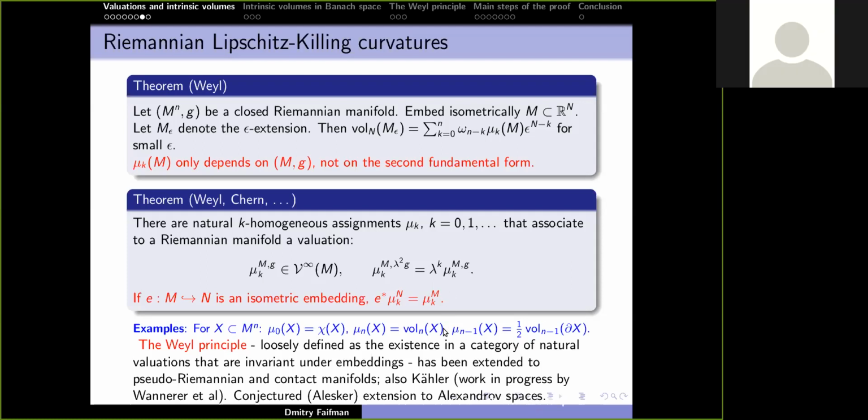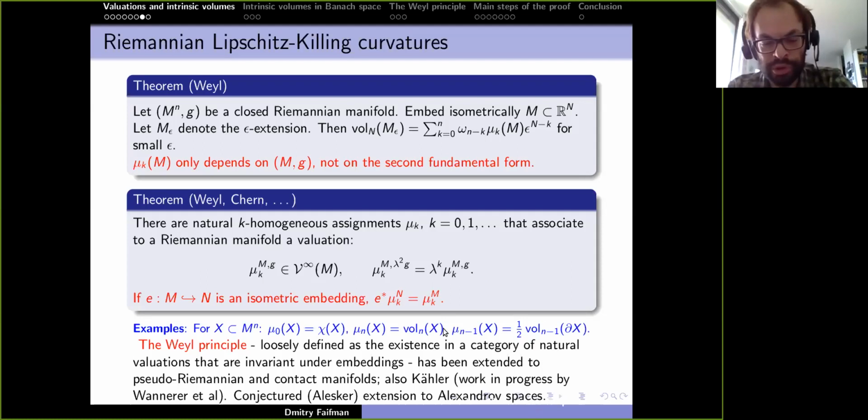Yeah, for C1 it's just plainly wrong. Definitely all the proofs I know assume C2. I would be surprised to learn something stays true for C1.